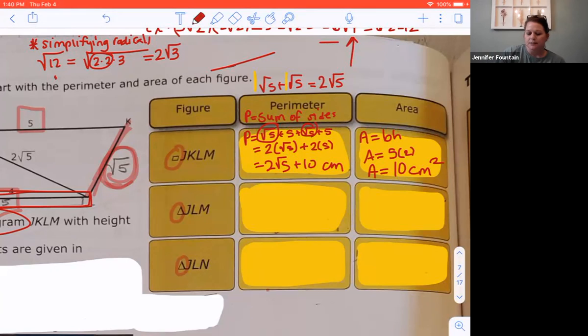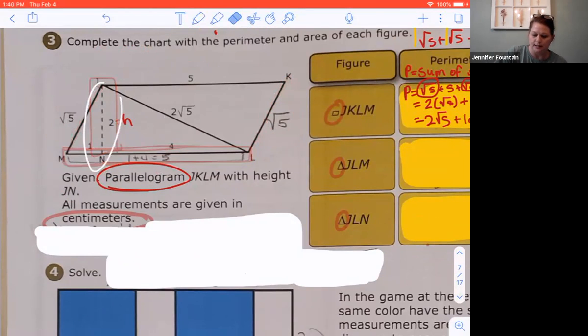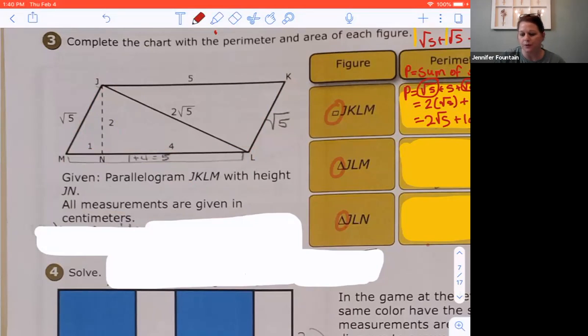Okay, so here we've already looked at our figure as a parallelogram. So now we are going to break it into triangles. Okay, so the first one we're looking at is JLM.